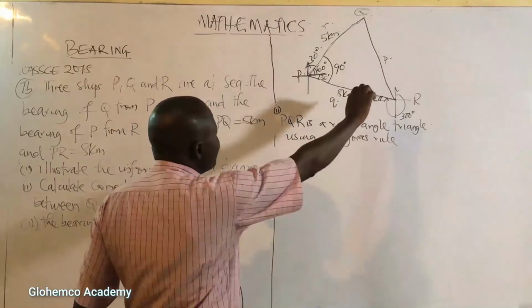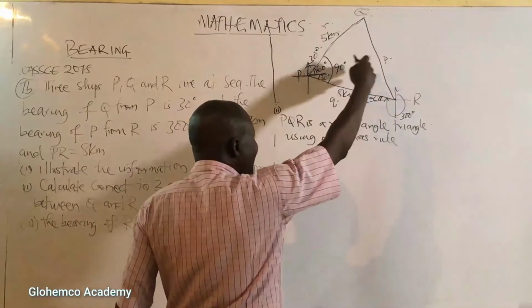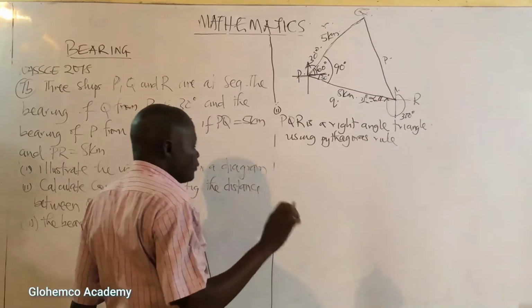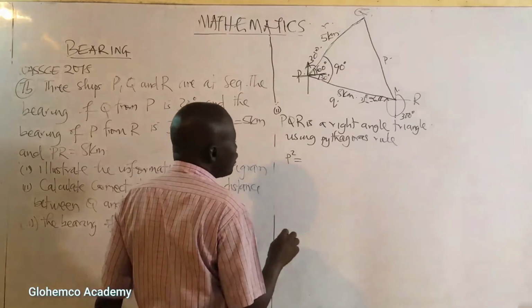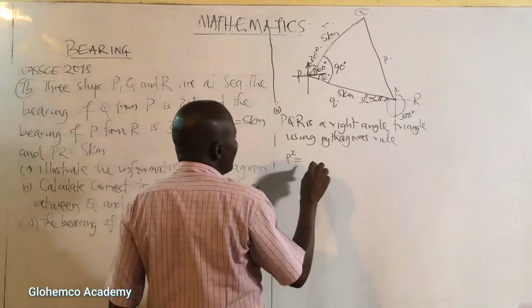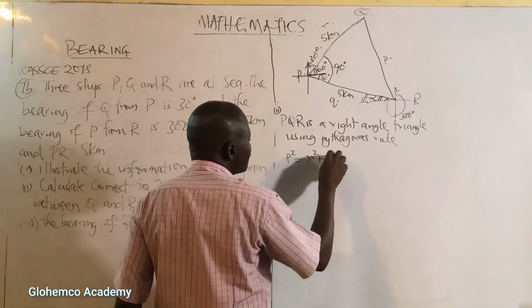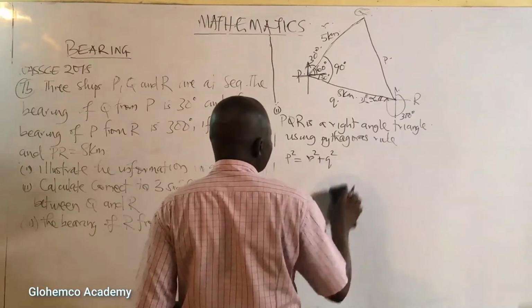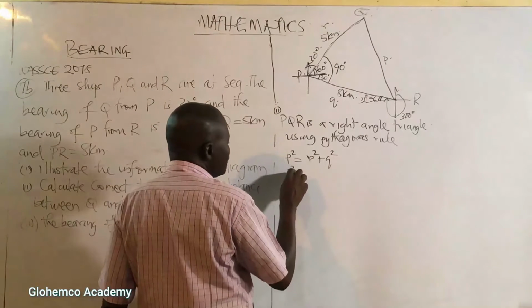Now, P is the hypotenuse because it's the one facing the 90 degree angle. Any side facing the 90 degree angle in a right angle triangle is called the hypotenuse. So we now say P squared equals R squared plus Q squared. That is it. Now we have P squared.